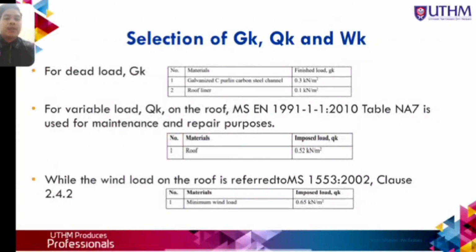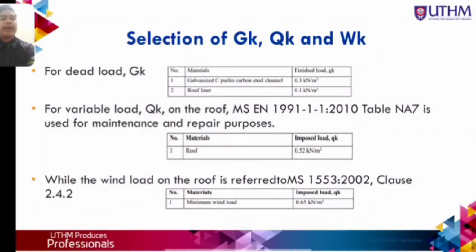For the variable load Qk on the roof, based on Malaysian Standard EN 1991-1-1 2010, table NA7 is used for maintenance and repair purposes, with a roof imposed load of 0.52 kN per meter square, while the wind load on the roof is referred to Malaysian Standard 1553 2002 clause 2.4.2, where the minimum wind load is 0.65 kN per meter square.